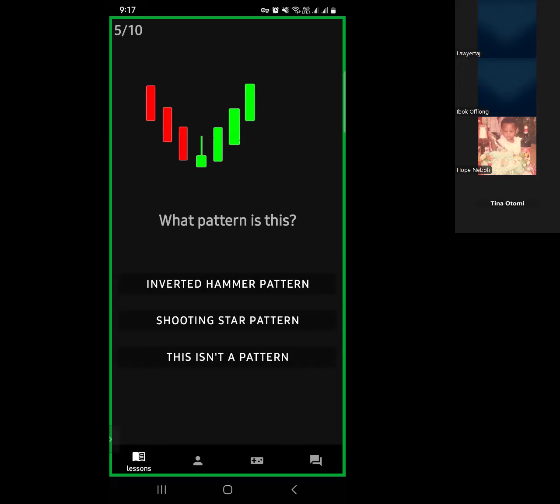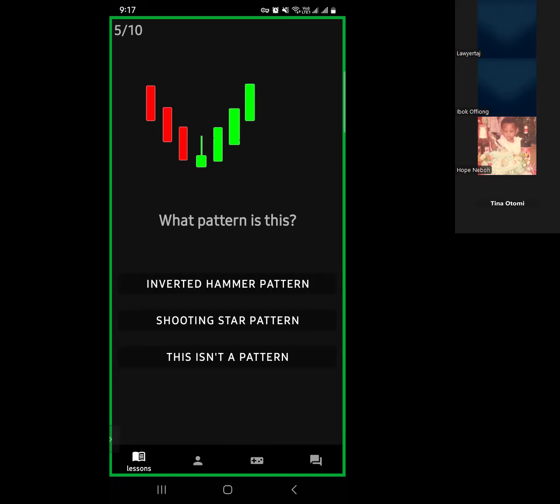What pattern is this? Inverted hammer pattern? Shooting star pattern? Or this isn't a pattern? I'm waiting for your answer. There's nothing like C here, write it out.